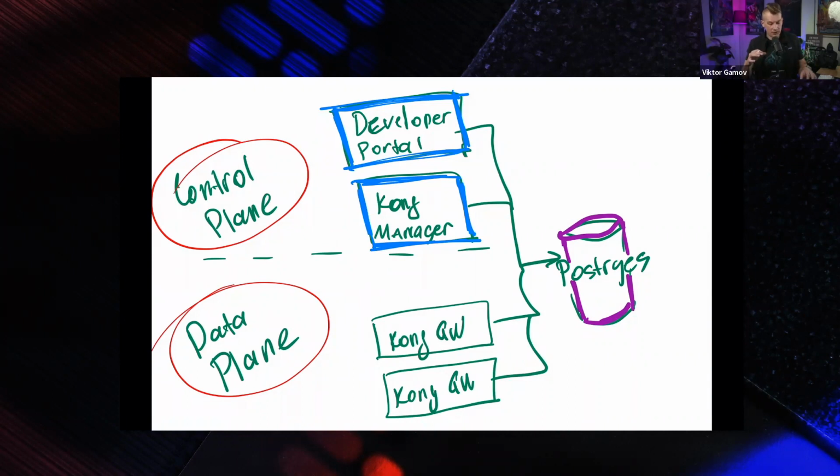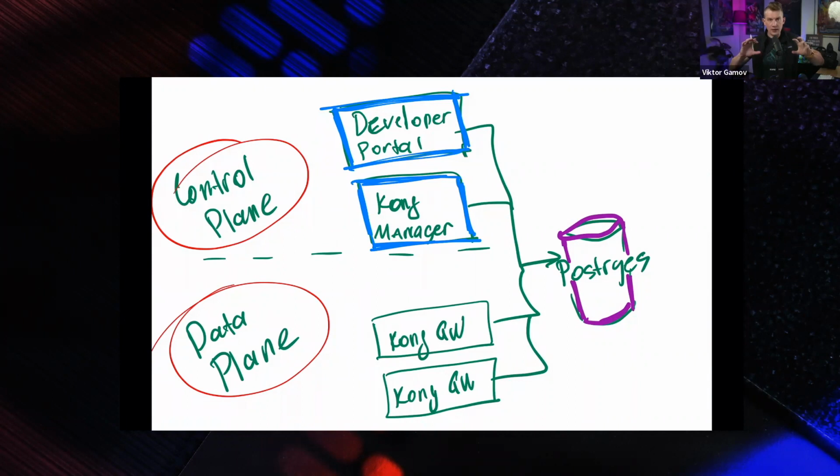Our gateways need to go there and get configuration. If configuration was changed through Kong Manager in this database, there will be a little bit of time before the changes are pulled back into configuration. So there would be some eventual consistency. That's for my distributed systems folks, eventual consistency for configuration on Kong.